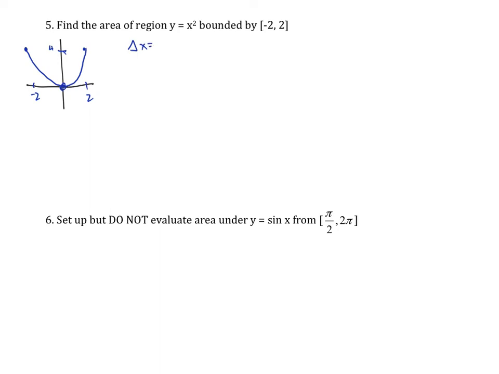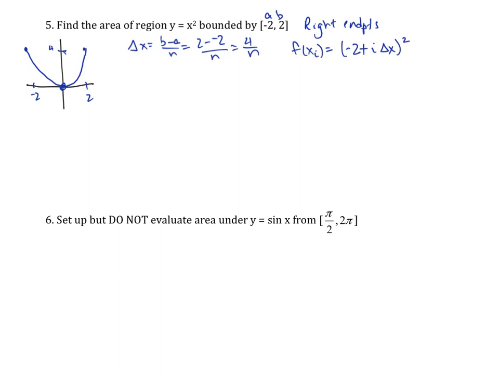Delta x will be b minus a over n. So in this case, it'll be 2 minus negative 2 over n, which is 4 over n, right? There's my a, there's my b. And it didn't specify. Let's go ahead and do right endpoints this time. So if I do right endpoints, my f of x sub i will be this negative 2 plus my i delta x, squared.